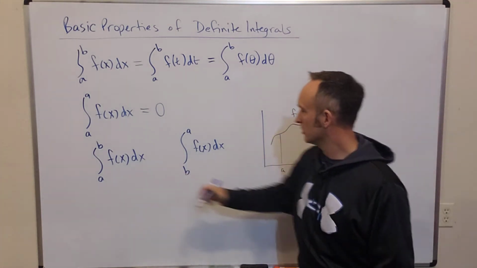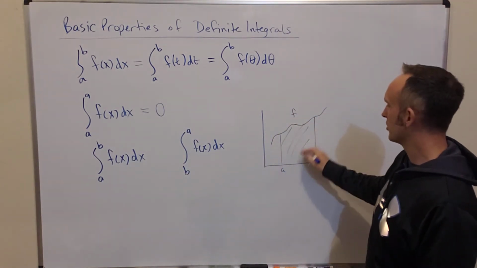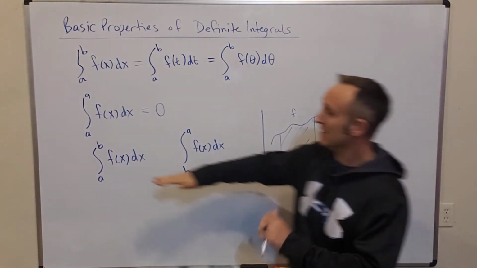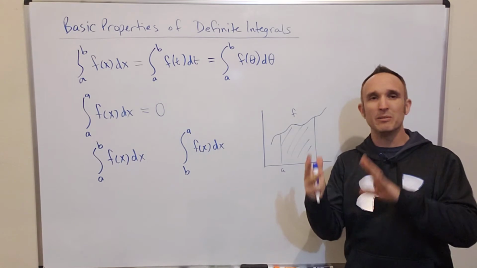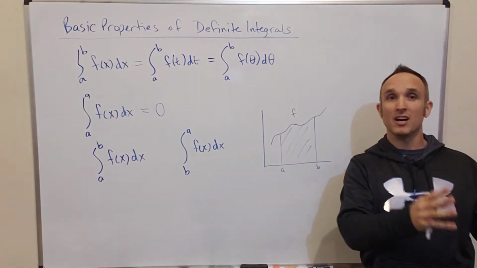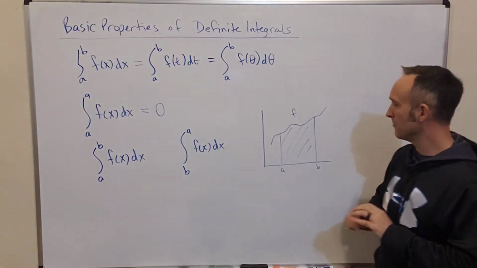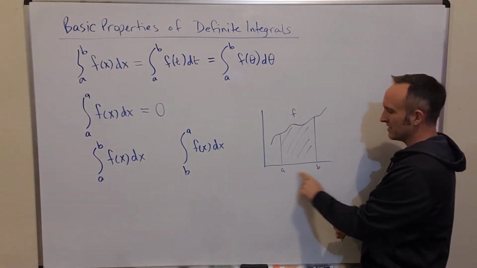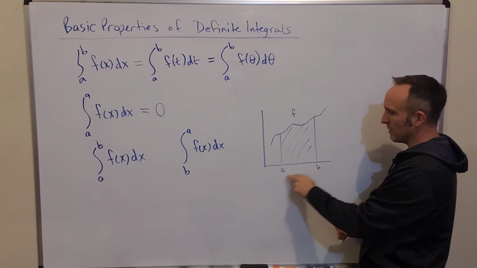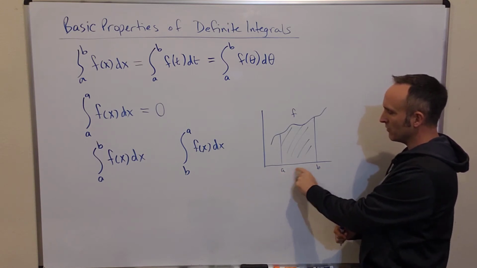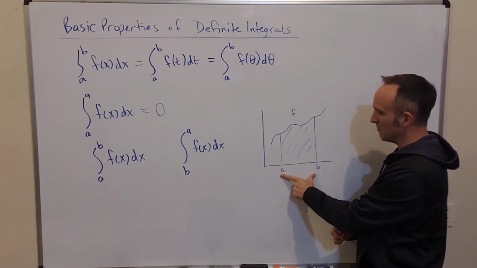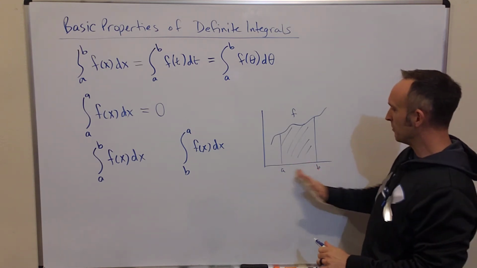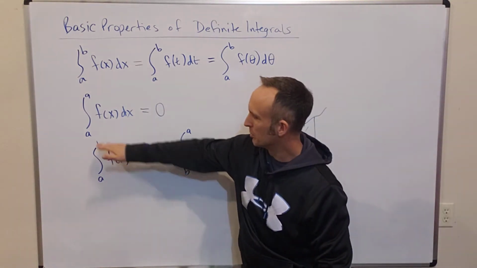So this first integral is representing the area of this curve, okay? Now what's sort of hidden in this integral is, remember, it's a limit of a sum of areas of rectangles, okay? So if you remember, the width of those rectangles is b minus a. You take your big value b minus your lower value a, and you divide it into pieces. So you do b minus a basically to help you get the width of each of the rectangles. That's assuming b is bigger. That's assuming b is your upper limit.